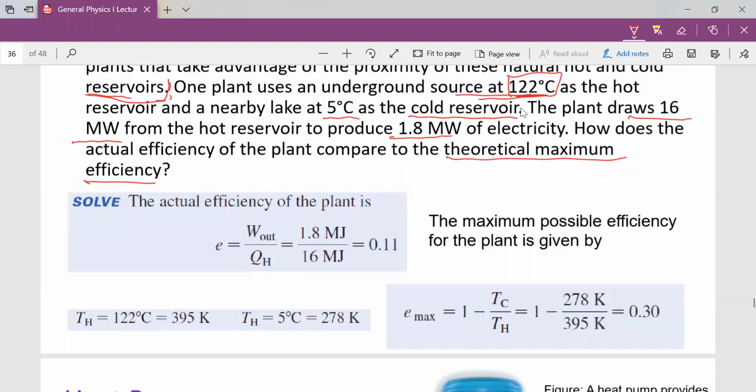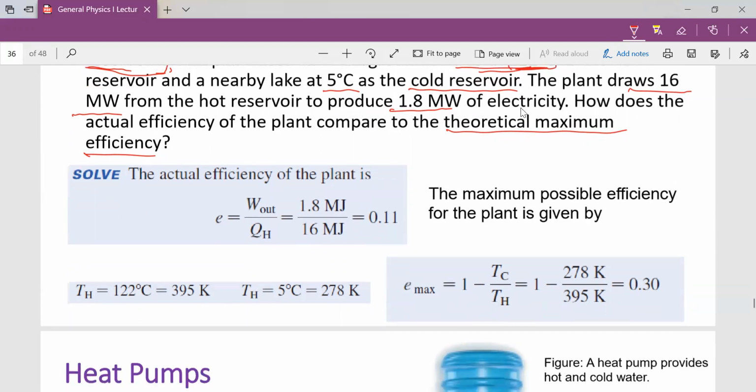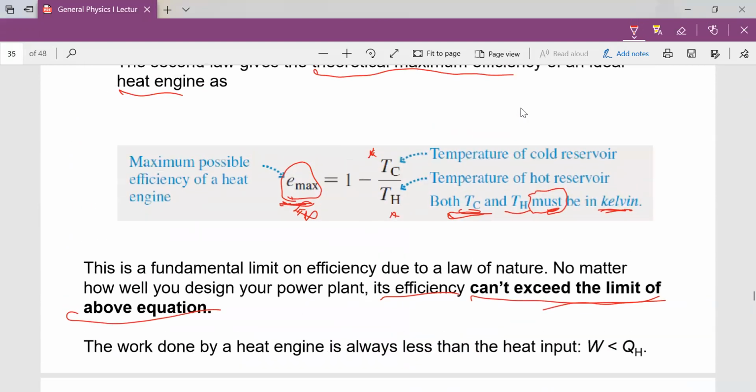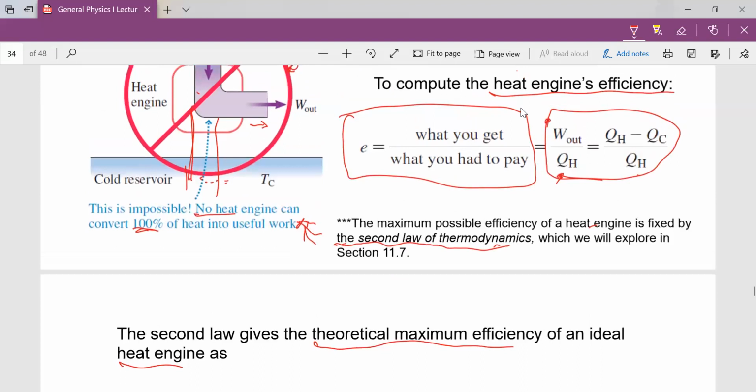Is this plant operating at its maximum, or can it actually be optimized? That is the implication of what they're asking from us. So to begin, we put out the equation of efficiency here.